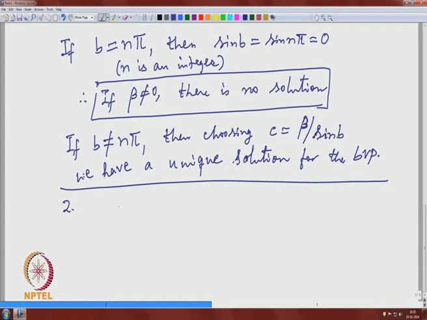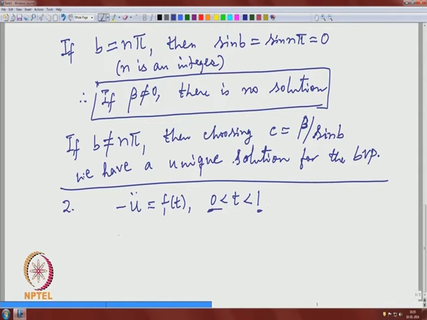So, this is minus u double dot equal to f(t), 0 less than t less than 1, and now again we have the two points 0 and 1.